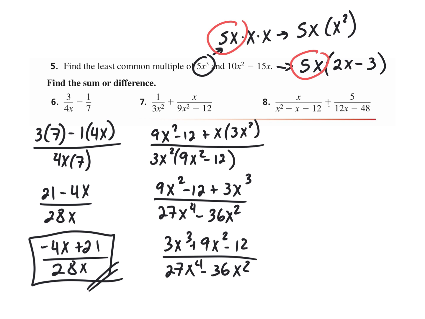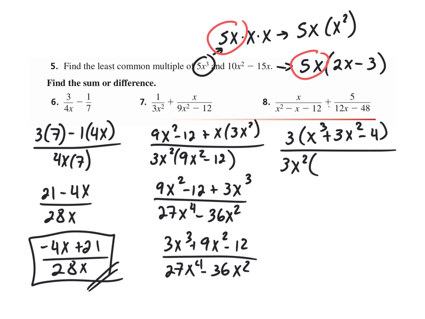I'm going to take the greatest common factor, which in the numerator is actually 3. So I'm left with 3 times (x cubed plus 3x squared minus 4). And at the bottom, I'm pretty sure it's also 3 for the greatest common factor, 3x squared. Now, if I'm wrong, I'm still going to be able to take something else out. So it's not the end of the world if I don't take out the greatest common factor right off the bat.